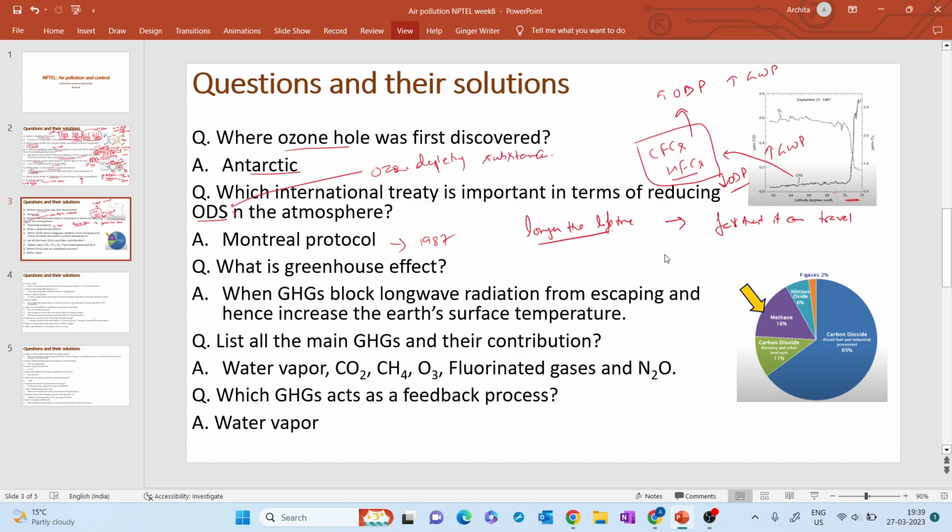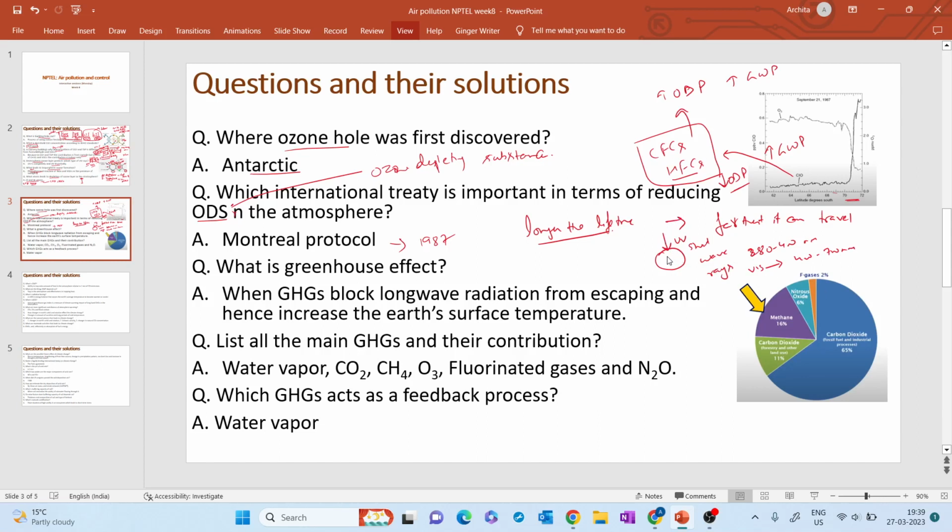If this is Earth, the incoming radiation is UV, right? It's a short wave radiation, because UV is 280 to 400 nm. Another incoming radiation is visible, which is 400 to 700, another short wave radiation.